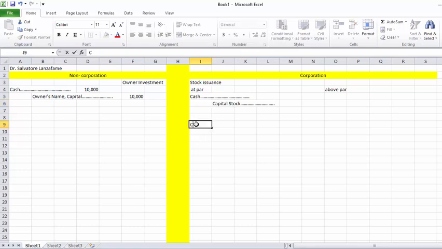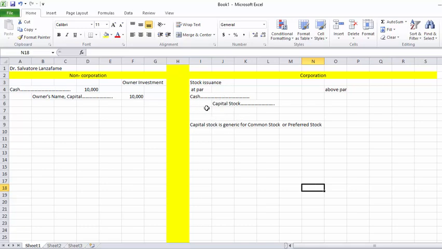So capital stock is generic for common stock and/or preferred stock. Okay, just so you've got some of that information.